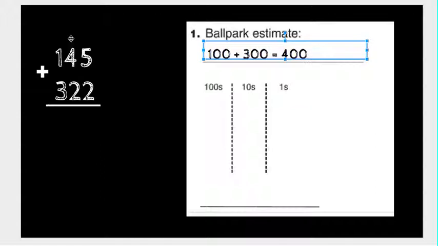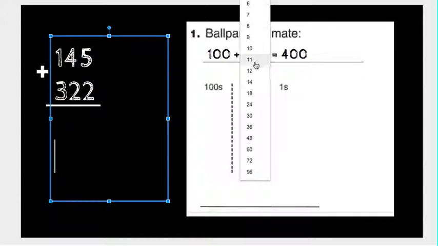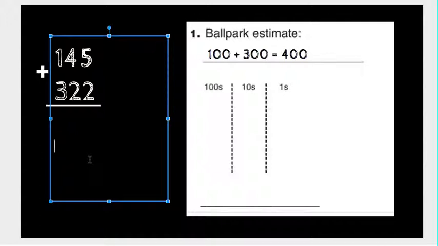Alright, I'm just going to make a note down here for you guys so you can follow along with me. In the number 145, we have 1/100ths, 4/10s, that would be 40, and then 5/1s, which would be 5.